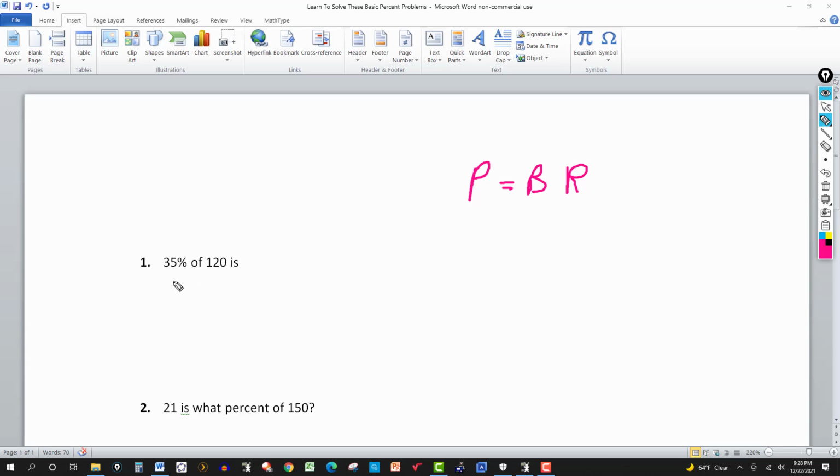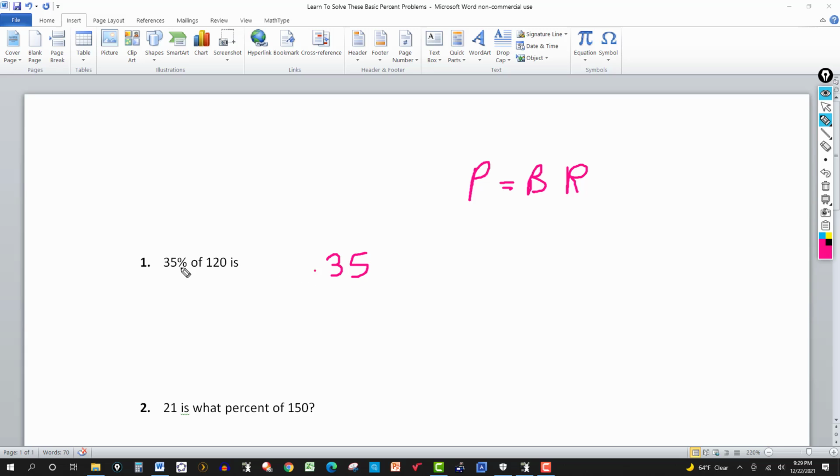So what we're going to do is just take each of these and write it in the form of an equation. So I have 35% of, and the base always comes after the word of, and that's an implied multiplication. So in this case, 35 will become 0.35. Always convert it to a regular decimal. What I did there was I dropped the percent sign and moved the decimal over 2 places to the left.